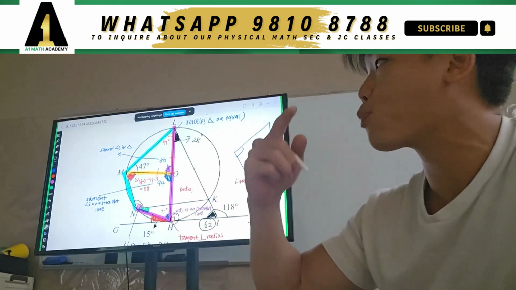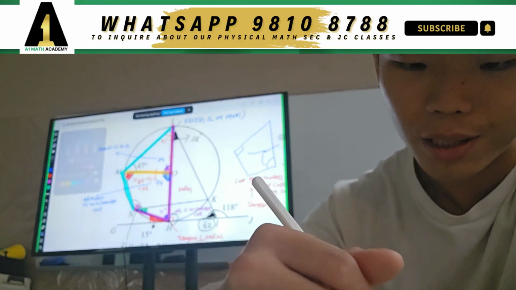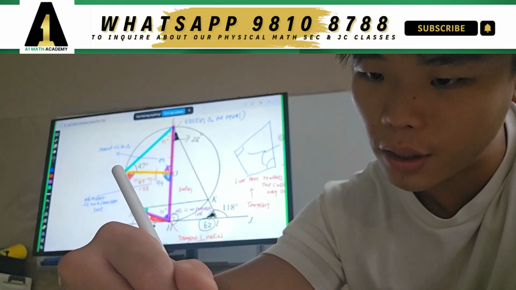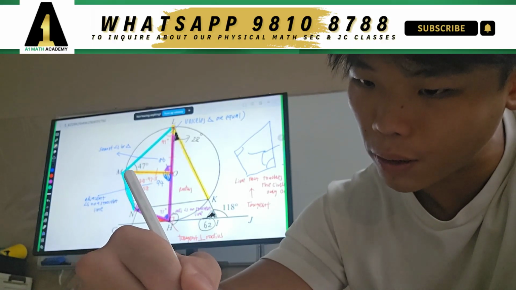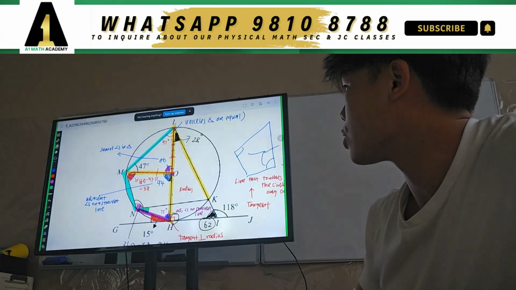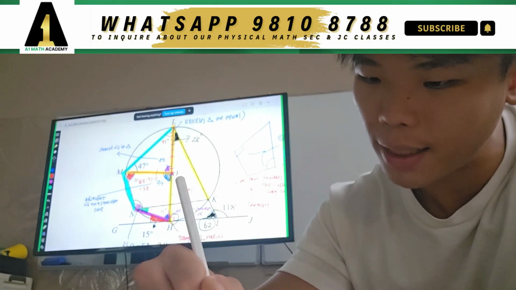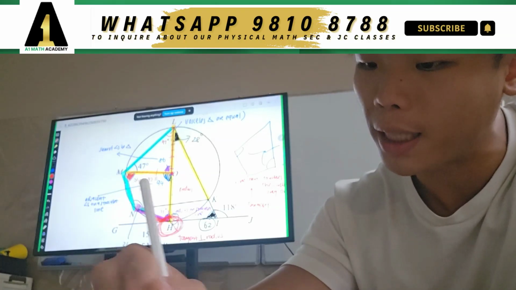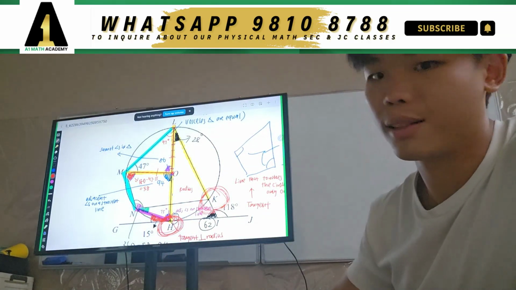This one is your other property of the circle: angles in same segment. Okay, so I draw for you to see. In yellow, this angle is formed by this line over here and this line over here. This 28 degrees is formed by this line and this line, which means that it's held by H and K. H and K form 28 degrees.